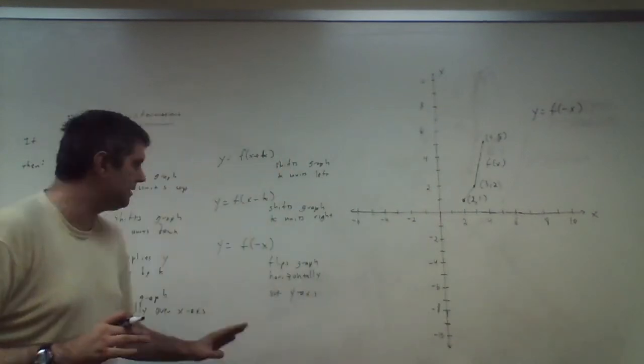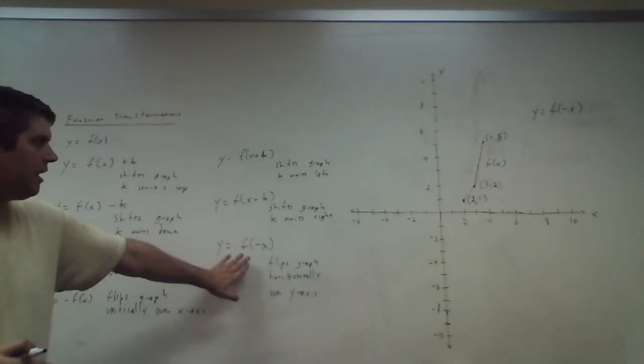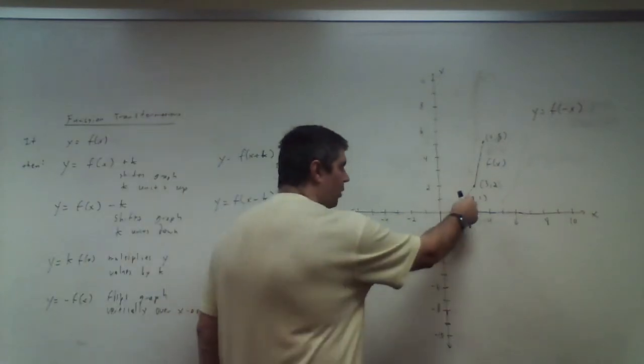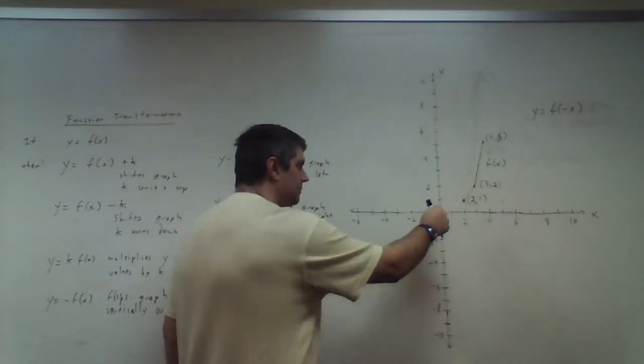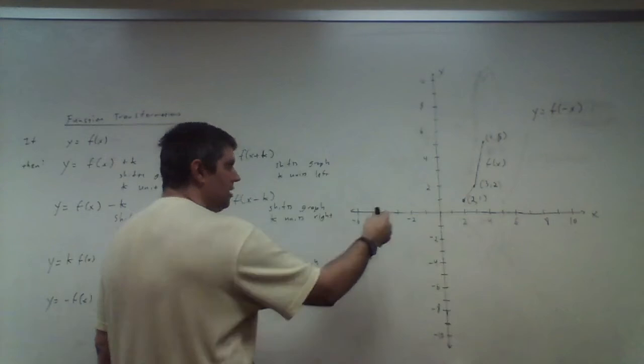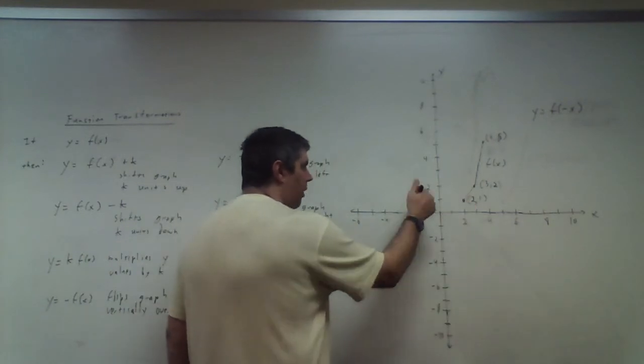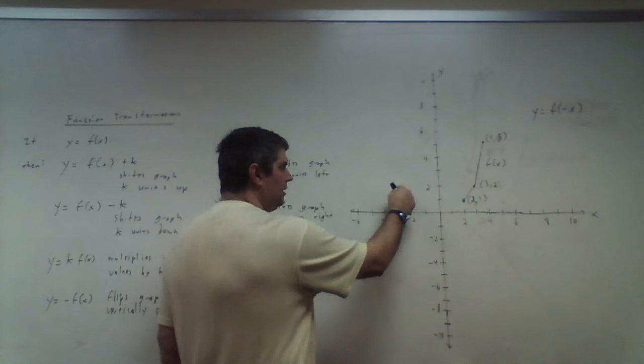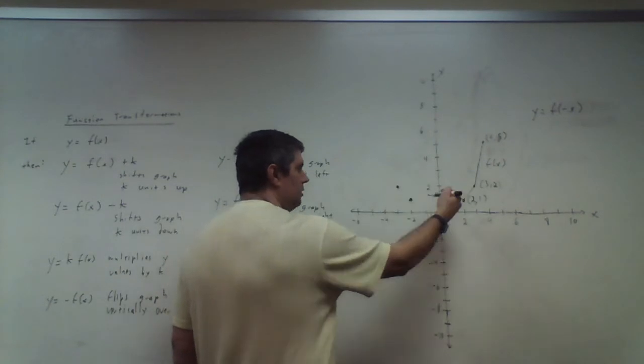So what this will do is it's going to reflect the graph horizontally over the y-axis. What does that mean? It means I change all the x coordinates and keep the same y's. So negative 2, 1. Negative 3, 2.